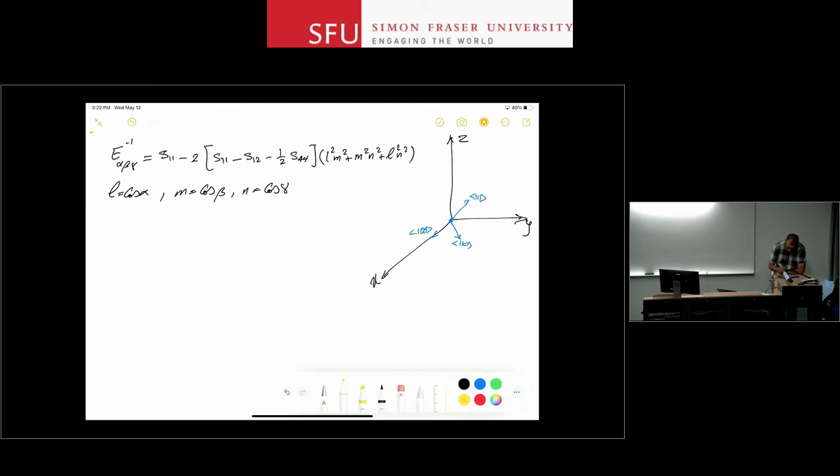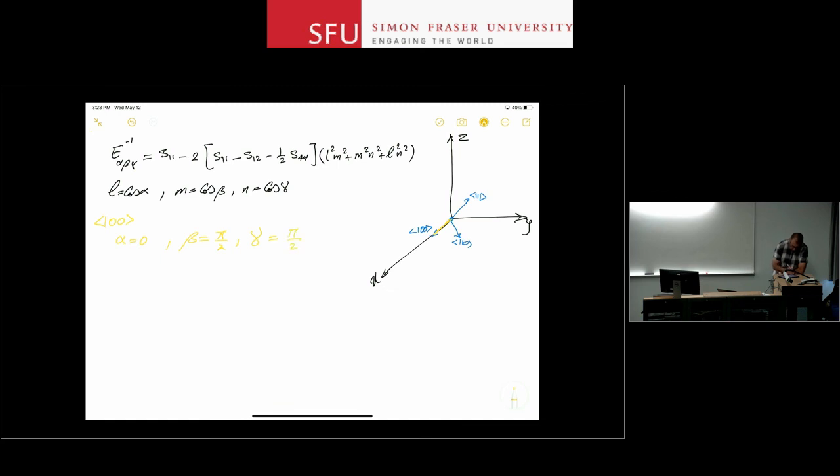If I look at this situation here, let's say for 100, I can see that the angle between the direction of interest and the x-axis is 0. Between the direction of interest and the y-axis, that angle is 90 degrees or pi over 2. And gamma is also pi over 2.